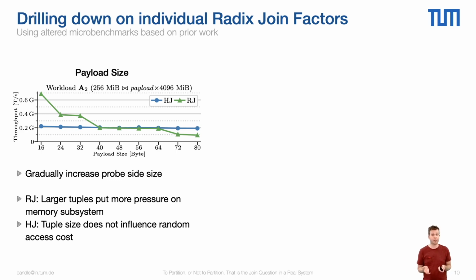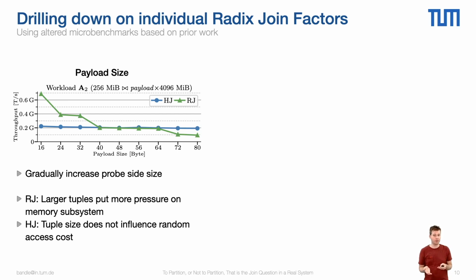For radix joins, we clearly see that the throughput here, which is on the y-axis, decreases the larger the tuples get, because we also put more pressure on the memory subsystem. We get a larger probe side, and we have exactly the same problem we had earlier. The steps you notice here are because we are using streaming stores, which need aligned stores.